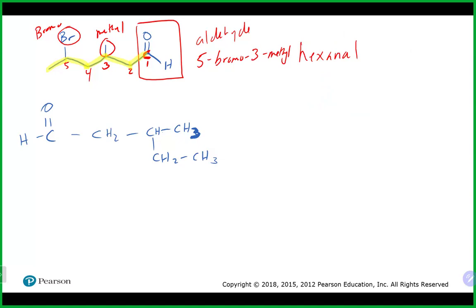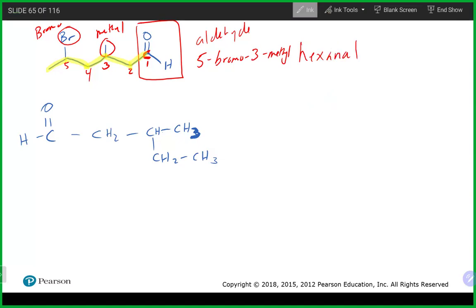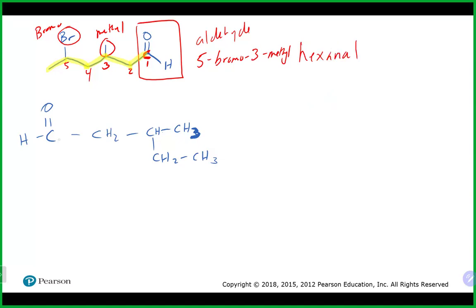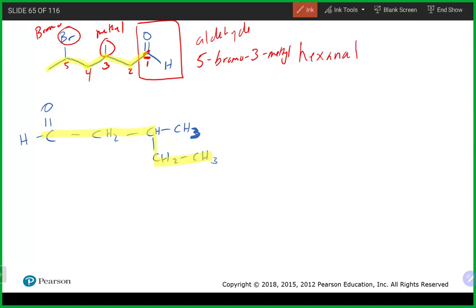All right, so let's take a look at the next one. The longest carbon chain is 1, 2, 3, 4, 5. So again, you want to make sure you check all the options and not just the straightest one. So that would be 5. I would agree with that. That is a pentanal, I believe.